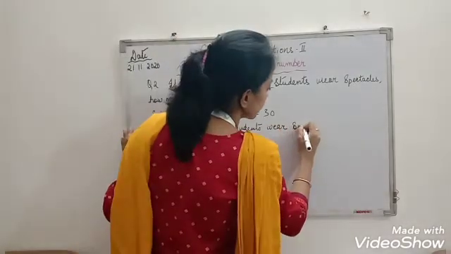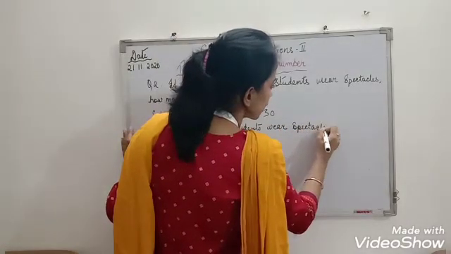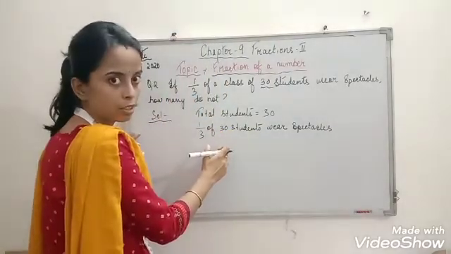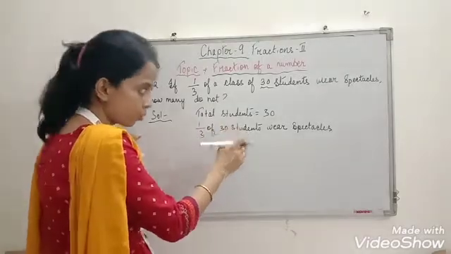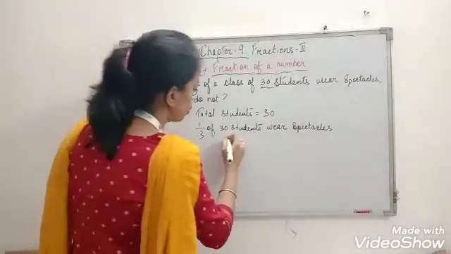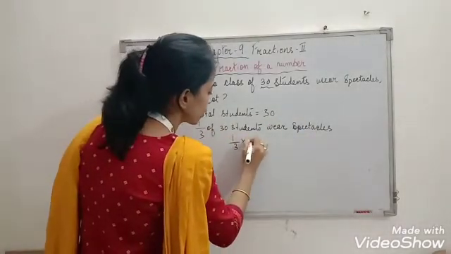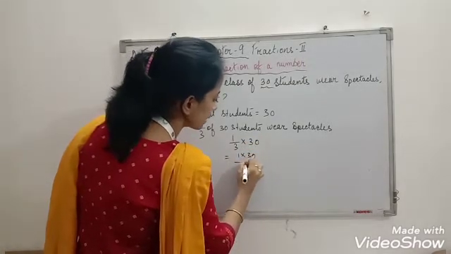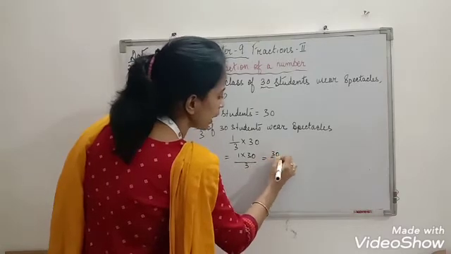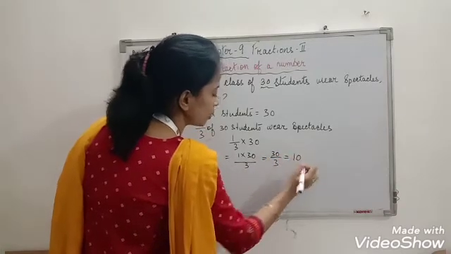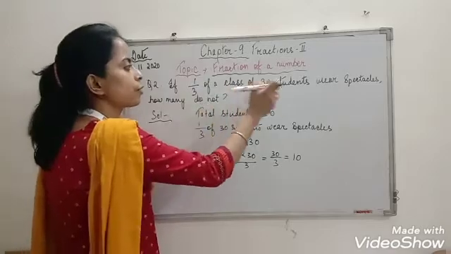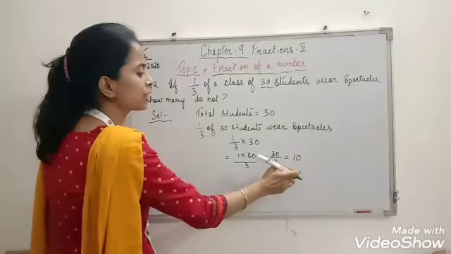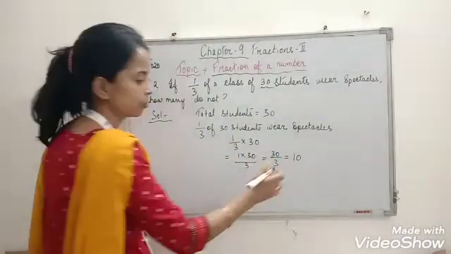Spectacles. Clear? That means now we are going to find out the number of students that wear spectacles. So 1/3 into 30 equals 1 into 30 by 3. 30 by 3, it comes how much? 10. So 1/3 of a class of 30 students wear spectacles. So in number, how many students wear spectacles? 10.